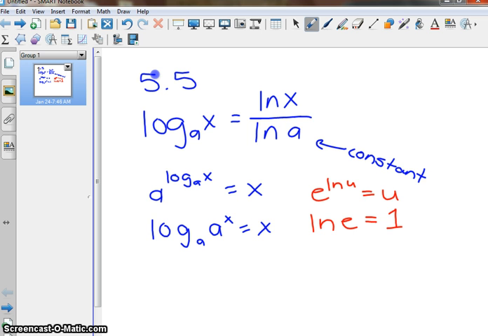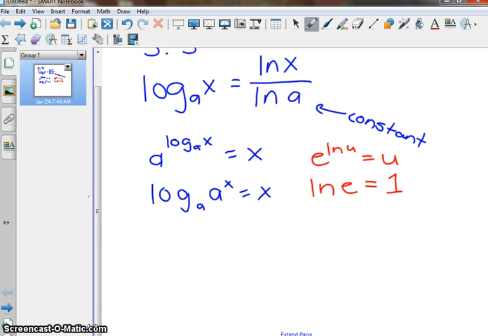So the formulas that you're going to have for this section, there's quite a few. The derivative of a to the u, where a is a number, is u prime natural log of a times a to the u.